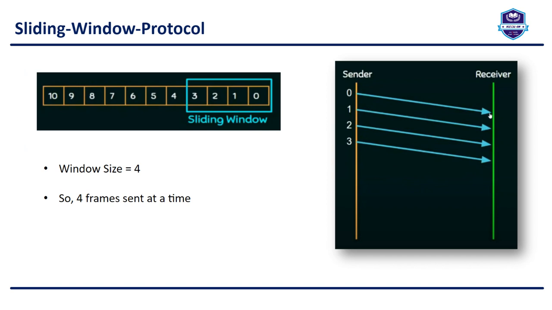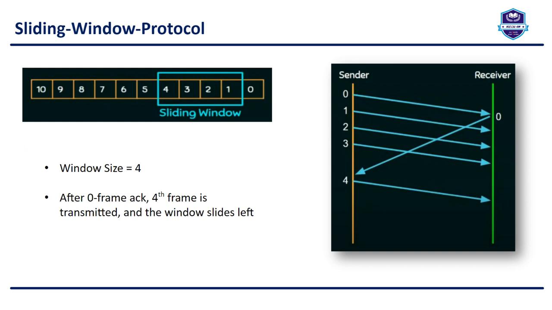First, the sender will send the number of frames according to the window size, which is here 4. So the sender will send frames 0, 1, 2, and 3, and the receiver will receive those frames, and the receiver will send an acknowledgement message for the zeroth frame, which is the first frame.